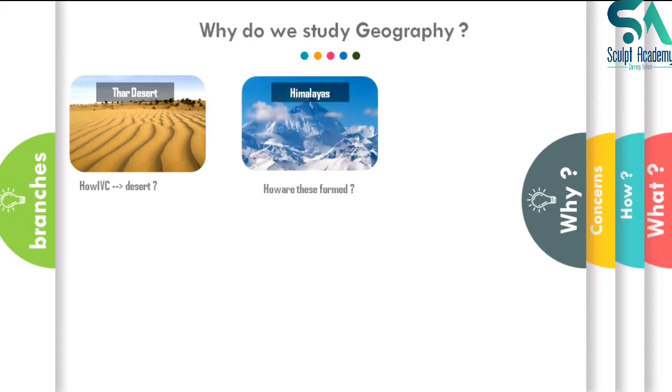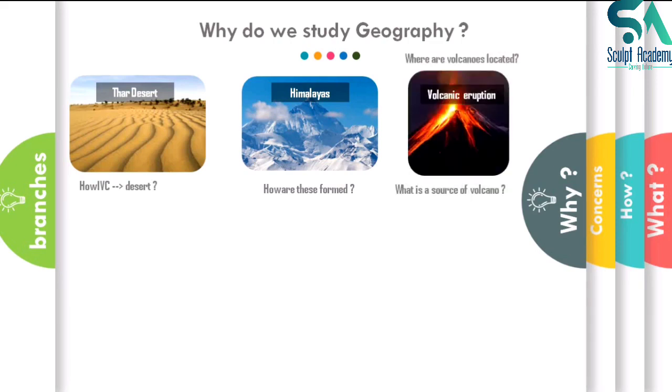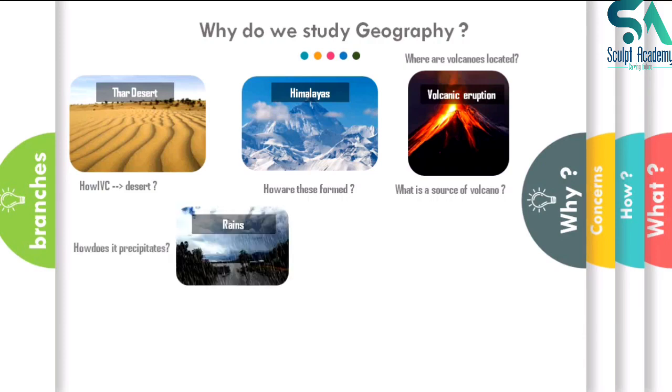Second is the Himalayas. When we look at the Himalayas, how they were formed is the basic curious question we are always into. How does a volcanic eruption take place, what is the source of the magma coming out of the volcano, where are the volcanoes located, what is the geographical distribution of volcanoes on the earth's surface? So these are various curious questions.